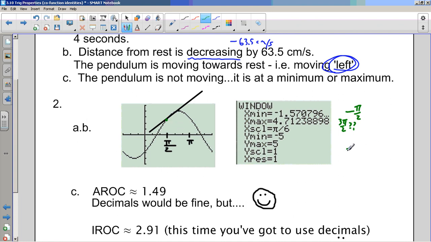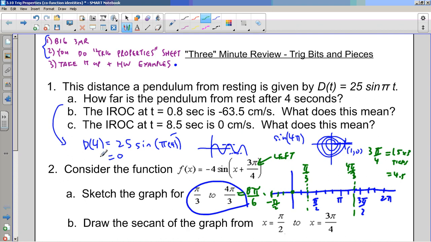Well, there's pi over 4, 2 pi over 4, there's 3 pi over 4. And actually, this is pretty close, kind of sloppy. Maybe that was the tangent that I drew there. And then what is, or sorry, the secant.